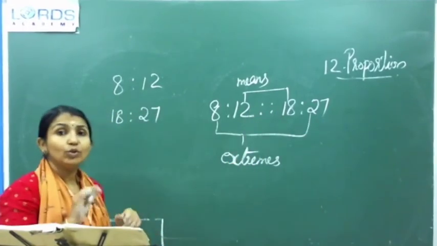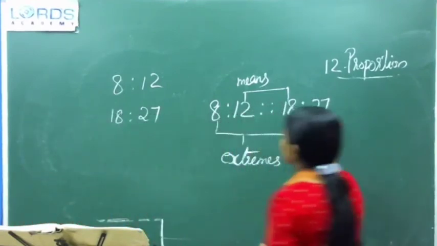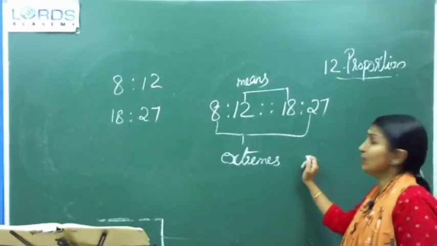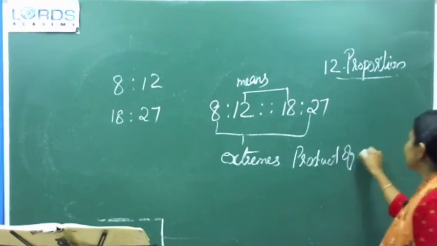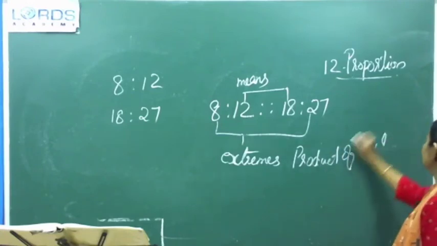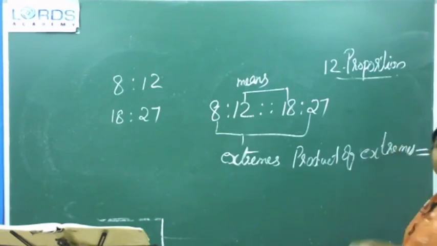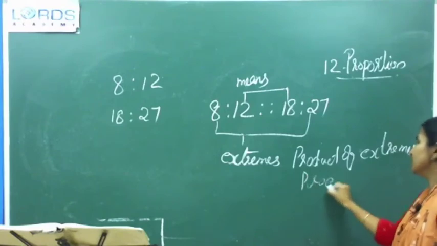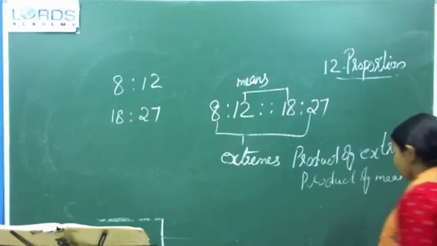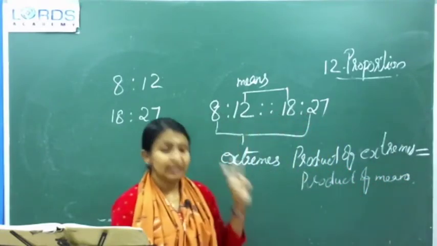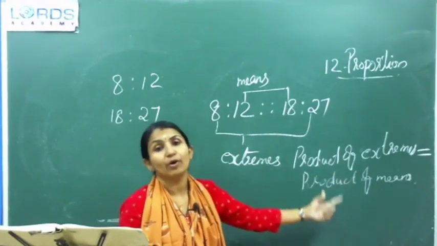So how are two fractions or two ratios said to be in proportion? Two ratios are said to be in proportion if the product of extremes is equal to the product of means.